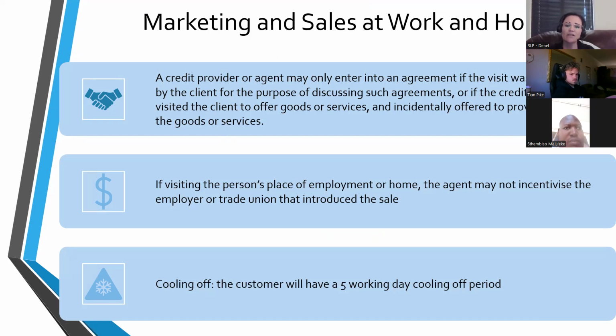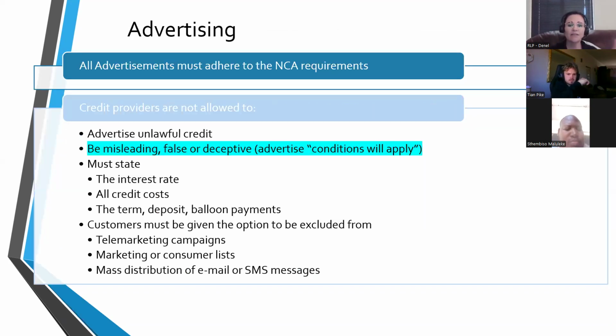But if visiting the person's place of employment or home, the agent may not incentivize the employer or the trade union that introduced the sale. And remember, the cooling off gives the customer 5 working days to back out of the agreement, to rescind the agreement, or to cancel the agreement. It's all the same thing. Okay, but only if they entered into the agreement at any other premises than the registered business premises.